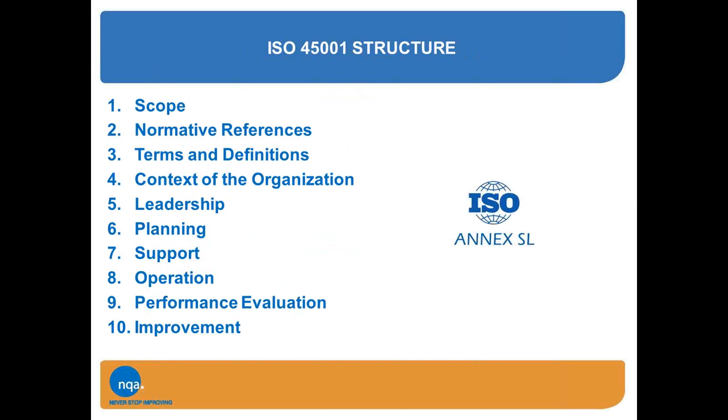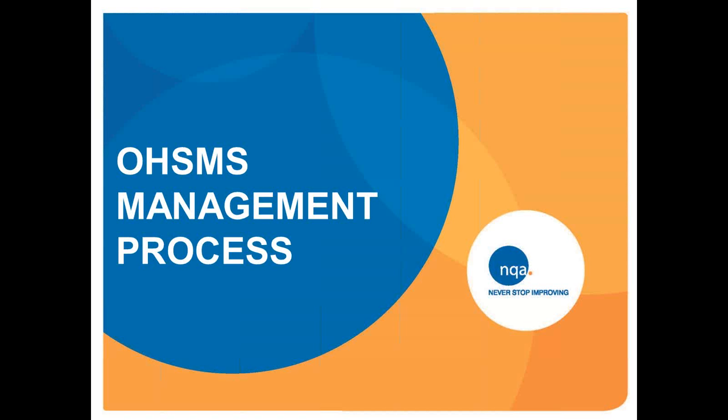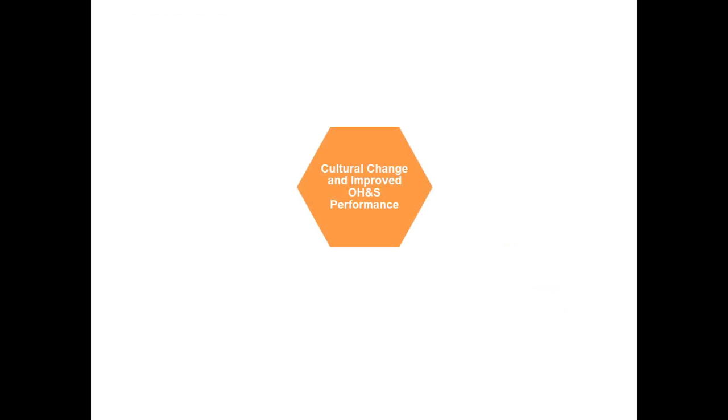The first 3 refer to the management system standard itself, and the actual operational side of things, as far as we're concerned as clients and subscribers to the standard, starts from section 4 right through to 10. As I said at the start, this is what we're trying to achieve: the center and the purpose of having an occupational management system.